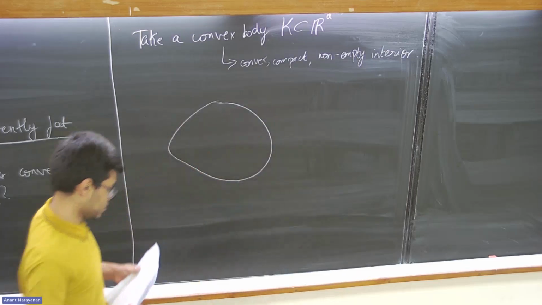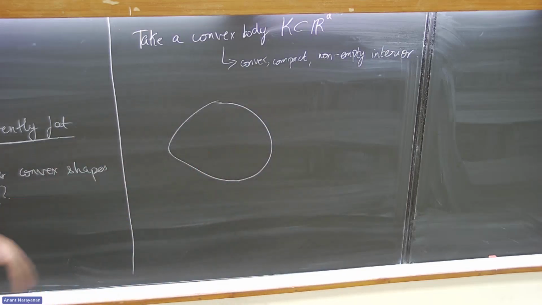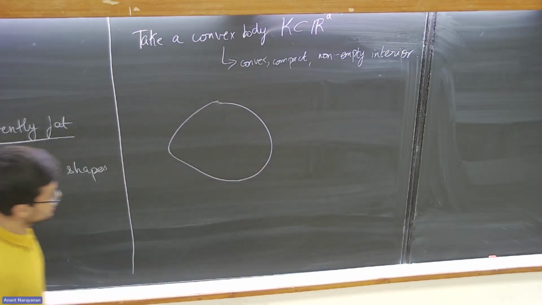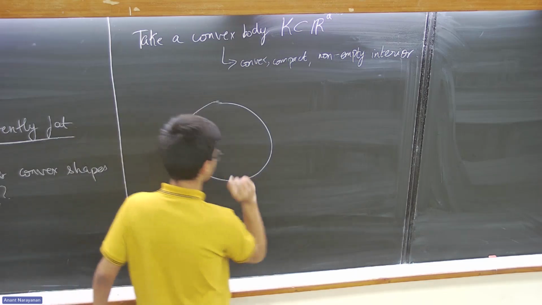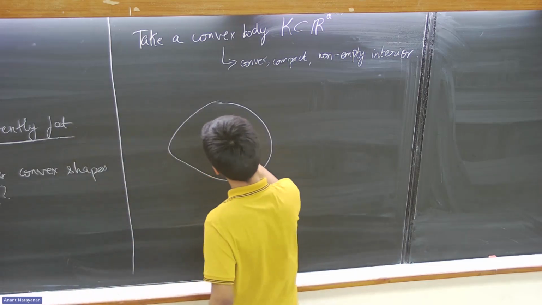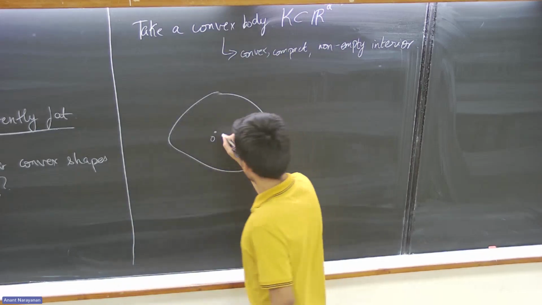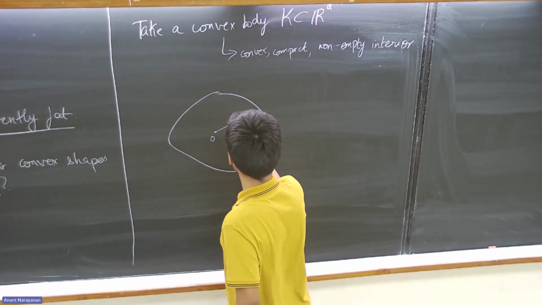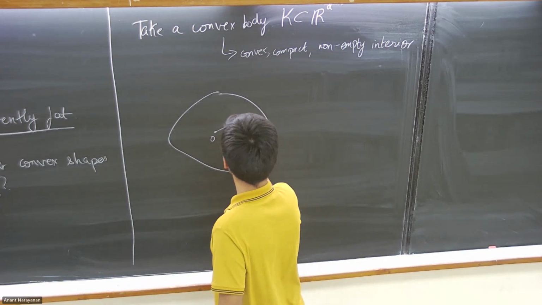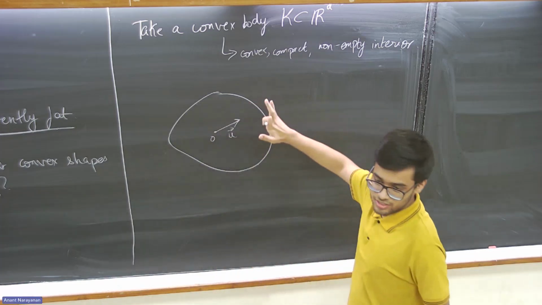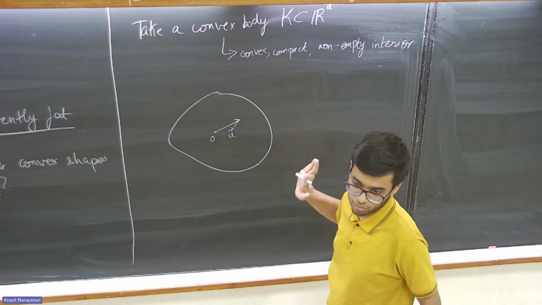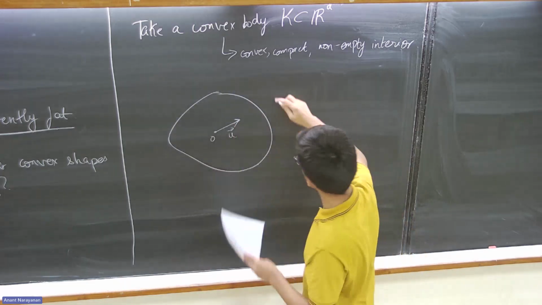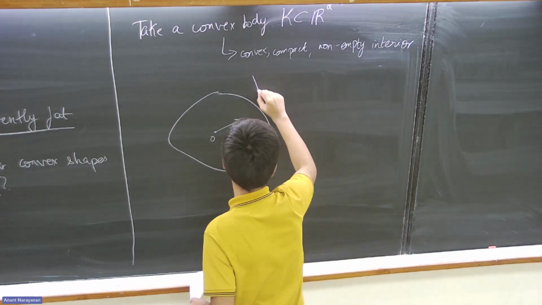Now, this width, as we'll see later, is a translation invariant notion, so without loss of generality, you have the origin inside here. To define the width, you have to look at a direction. You fix a particular unit vector, let's say u. Along this direction, you want to find a supporting hyperplane which has u as its unit normal.